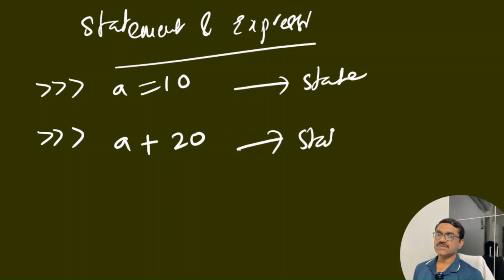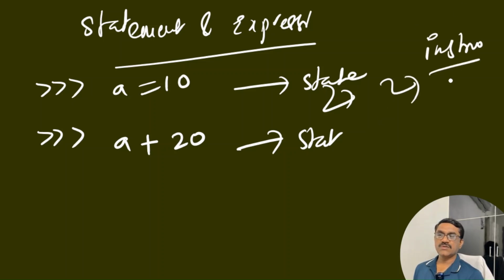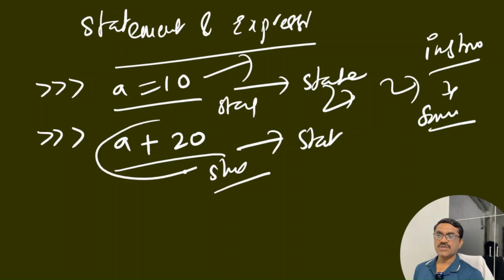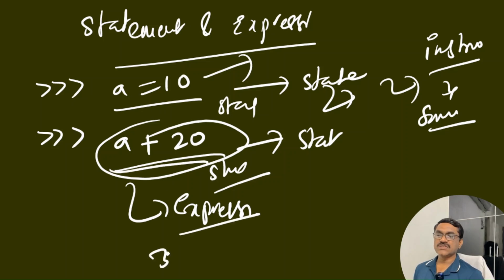Now I can define that a statement is an instruction given to the computer to do something. Any instruction which is given to the computer to do something is called a statement. If you say a equals 10, is it performing any action? Yes. a plus 20, is it performing any action? Yes. This is also a statement, and this is also a statement. But the second statement is also an expression. This is very, very important. Why? Because it evaluates to the result 30. This is the difference between a statement and an expression.